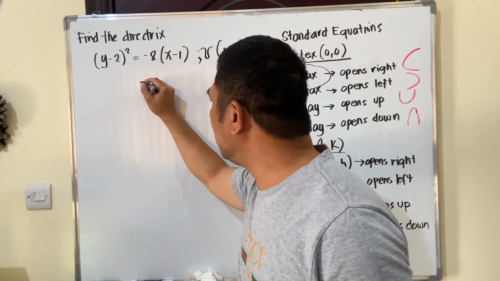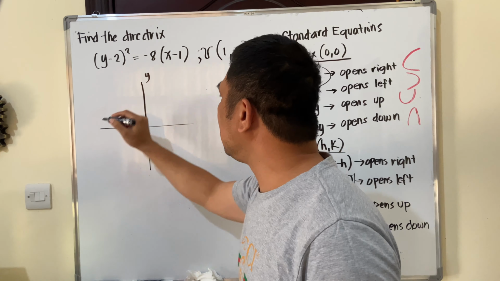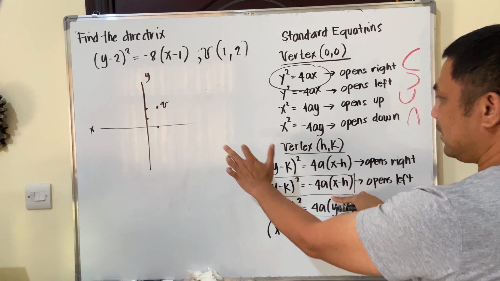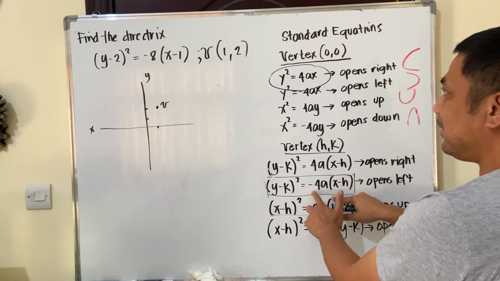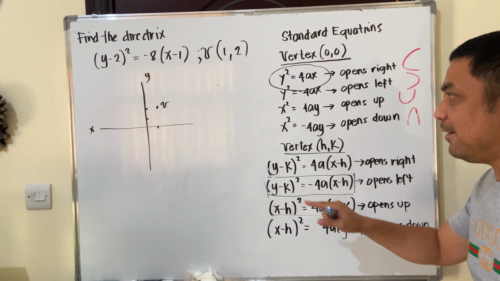Let's try to illustrate our parabola. So your y-axis and your x-axis. The vertex is at (1, 2), so this will be our vertex here. Where does our parabola open? It falls under (y - k)². You have negative here, you have negative there, so that means it's opening to the left.